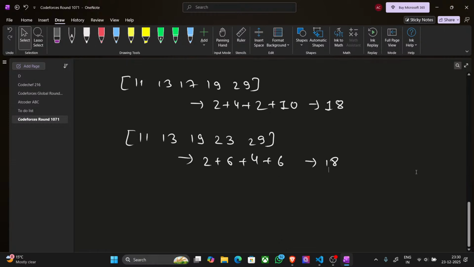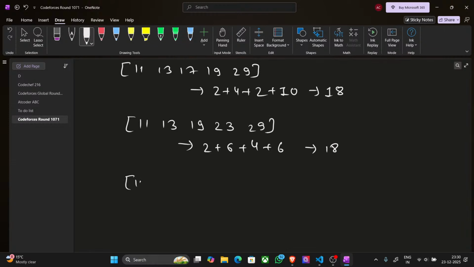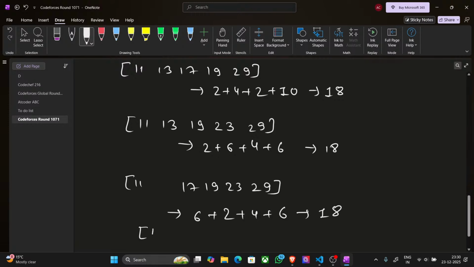If I delete 13, the array is 11, 17, 19, 23, and 29. Okay. So this time the summation will be 6 plus 2 plus 4 plus 6, which is 18.